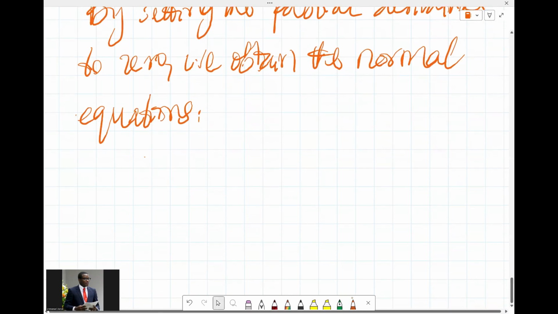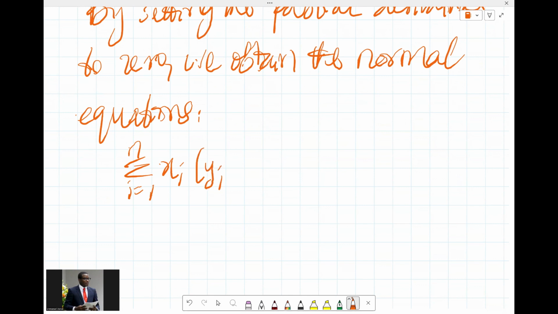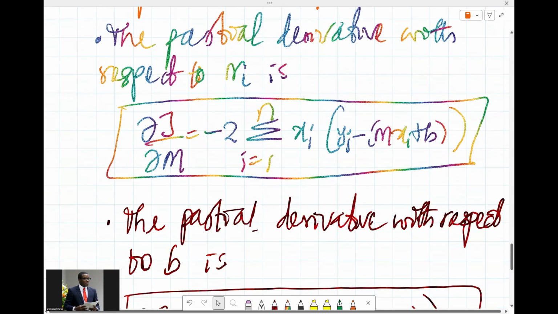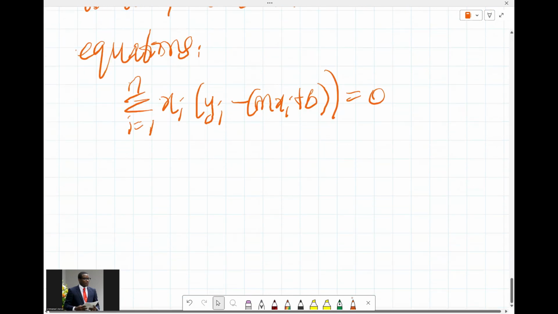These are summation from i equals 1 to n of xi into yi minus mxi plus b equals 0. Of course, when you set this one to 0, you can divide through by -2, and because it's constant, it goes out, and that's why you have this left now.